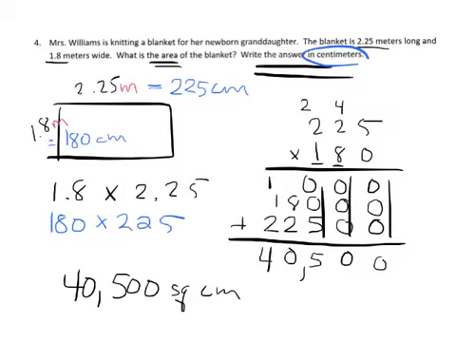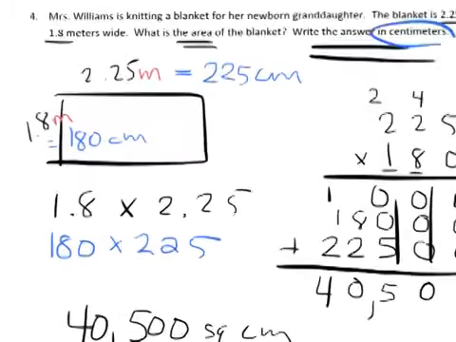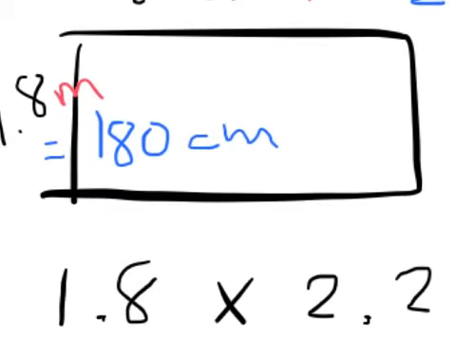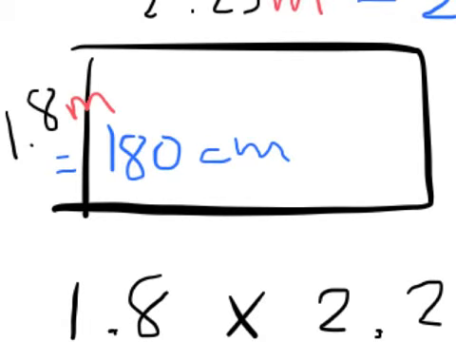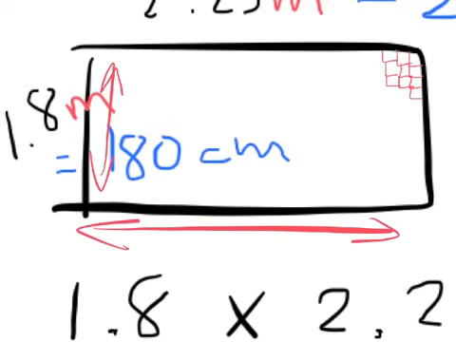So if we really wanted to imagine what was going on in this rectangle, there would be 40,500 little squares in this rectangle, because we had 180 going this way, and 225 going this way.